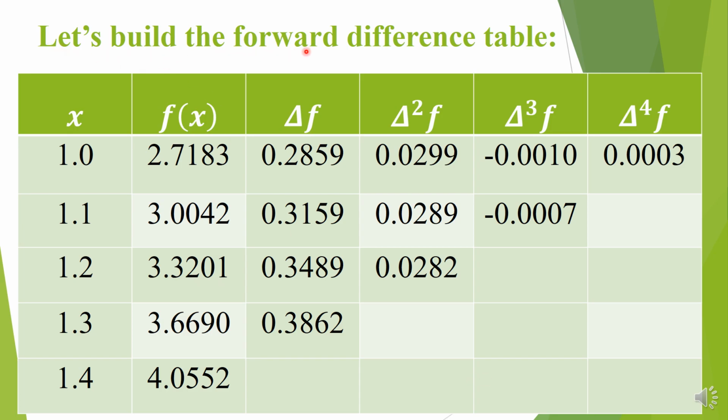Let's build the forward difference table. The value of x is given in questions and the f of x is given in questions. Now you can see here, you write forward difference table, forward square f, forward f, power 3 f, and power 4, same, power 5, power 6.